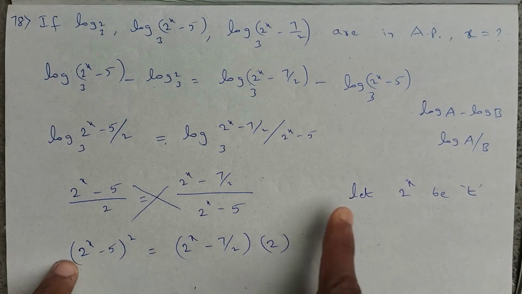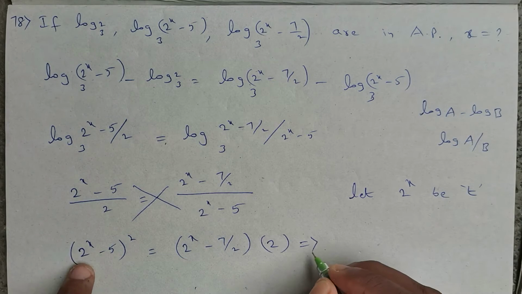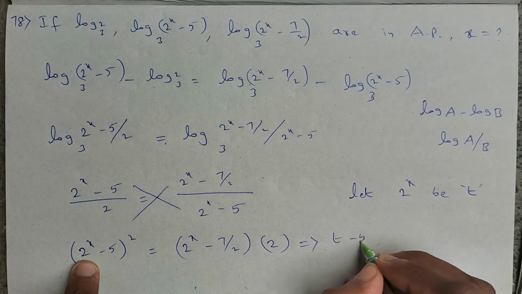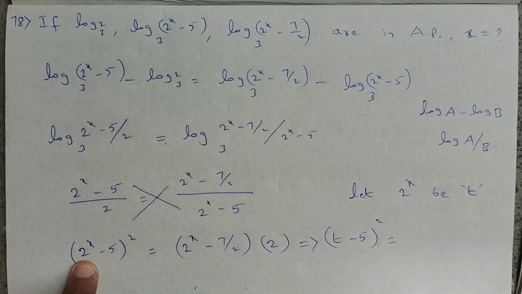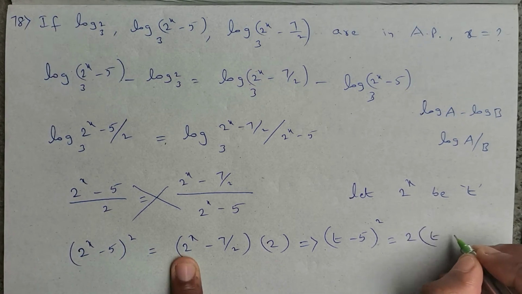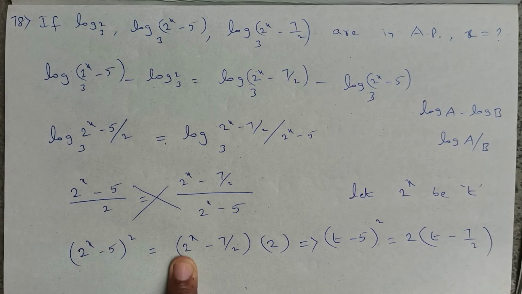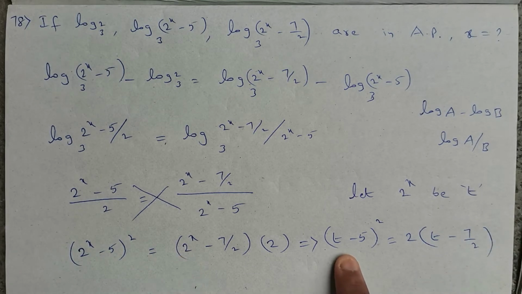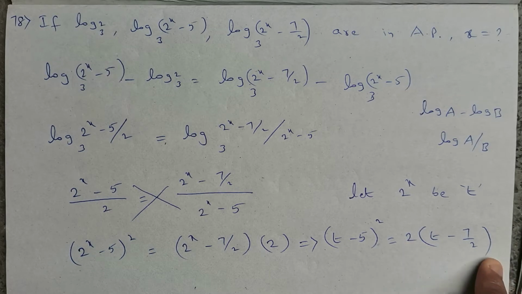So in the place of 2 power x, I will substitute t. So what we will get then? t minus 5 whole square, which is equal to 2 into t minus 7 by 2. Here t minus 5 whole square I will expand, and here 2 I will multiply with all the numbers inside the brackets.